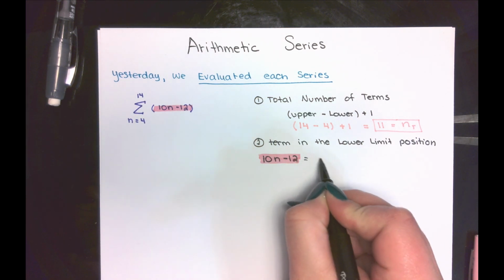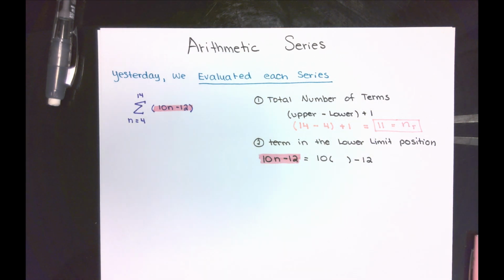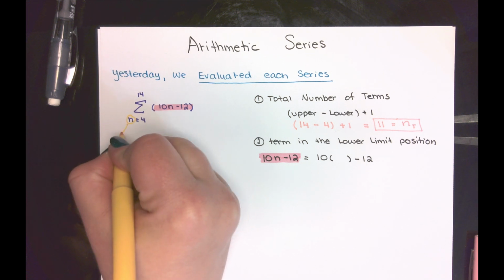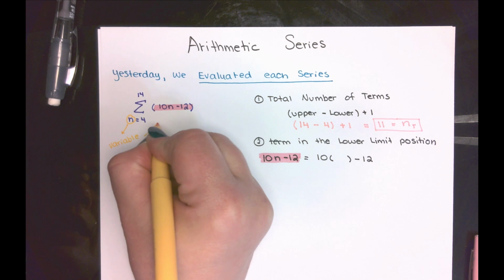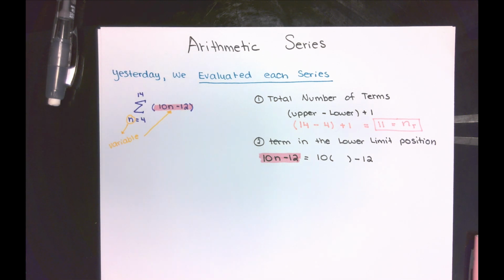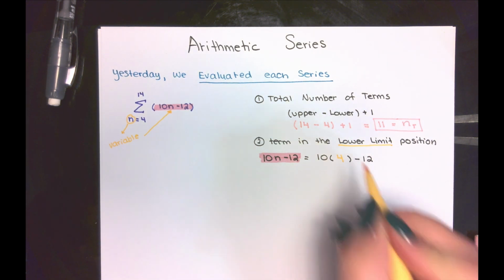You're going to open it up for n or whatever variable they give you. Again, please do not get confused as to what all of these n's are. The n they are talking about here is just a variable. A variable is just a letter that represents a specific number. For us, the variable of n here in the equation represents the lower limit of 4.